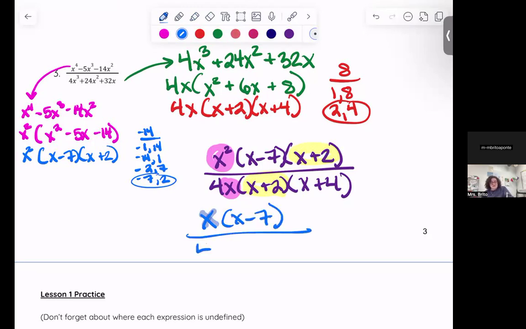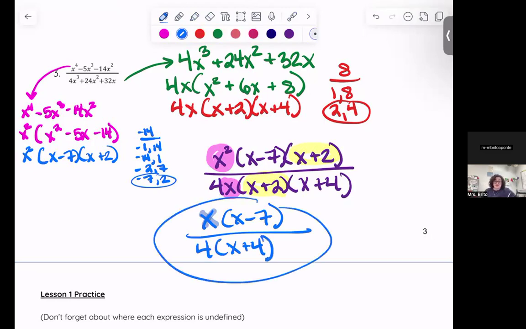The denominator has a 4, but when you see in your pink highlight here, x squared over x just became x in my numerator. This x plus 2 went away, so I've got x plus 4 left over, and that would be my answer because I was able to cancel out everything else.